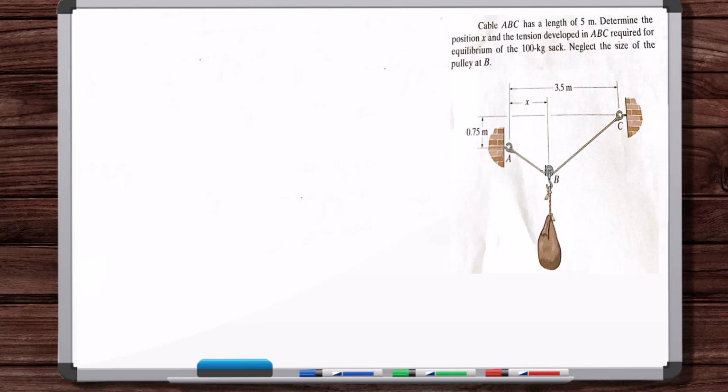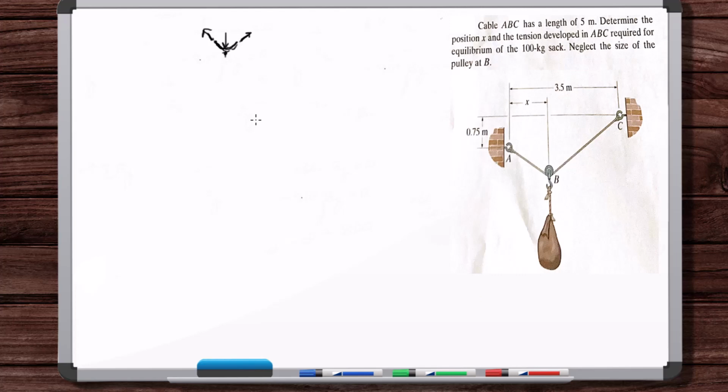So I'm going to separate this portion of the rope right here. There's a force acting right here, here, and they all meet at a point, right?